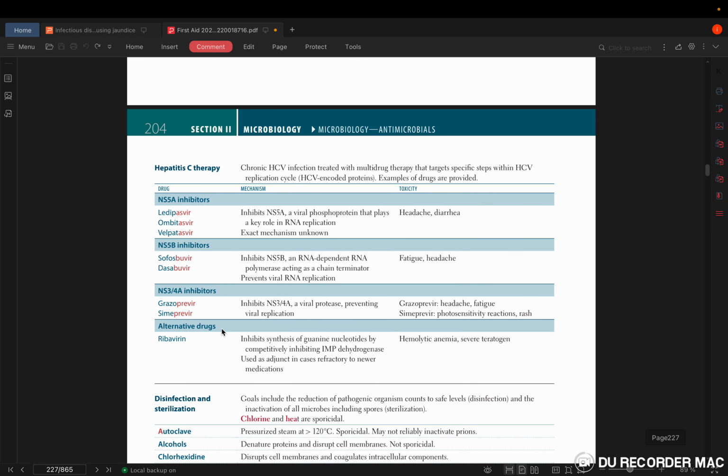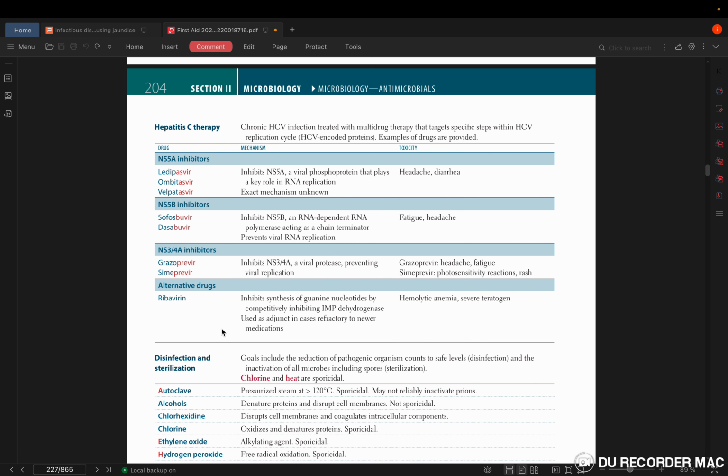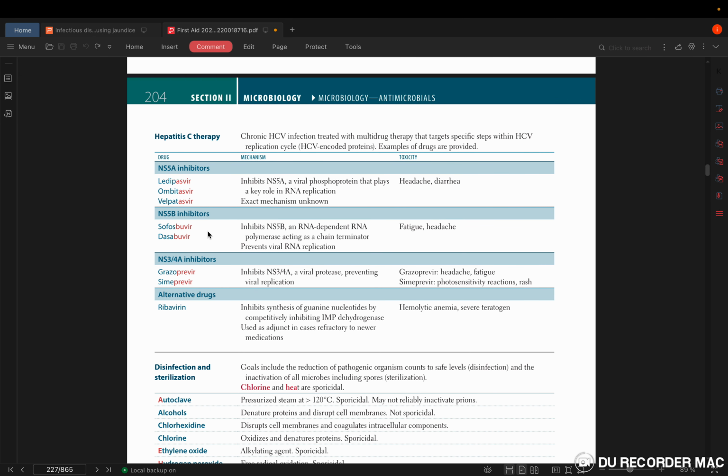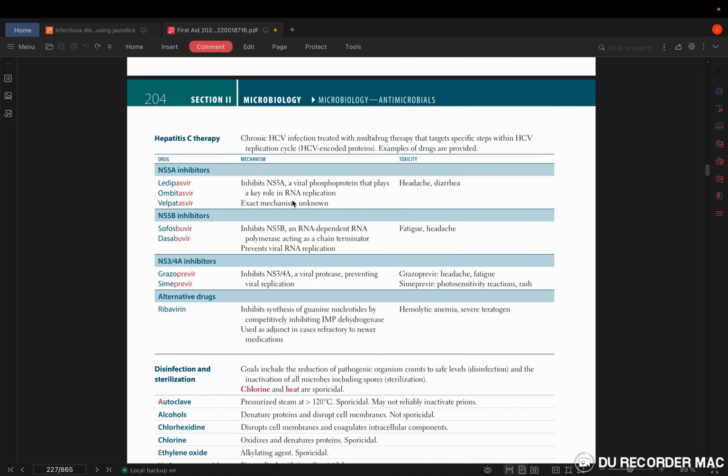The last one is the hepatitis C therapy, super low yield, but I'm going to explain it anyway. And the last thing is going to be these guys. So let me start with the low yield stuff because this is just garbage and I just need to get it out of our system. So chronic hepatitis C infection is treated with multi-drug therapy that targets the specific steps within the hepatitis C virus replication cycle.